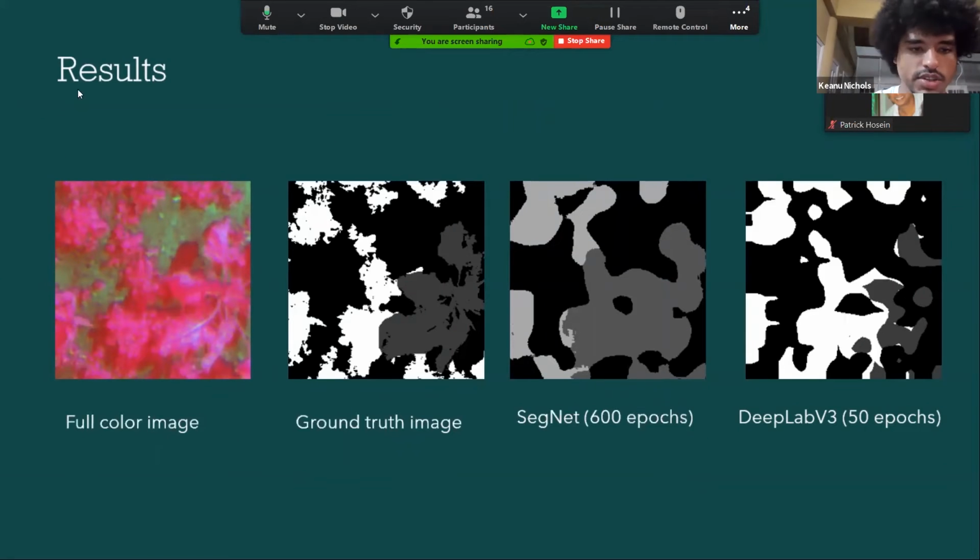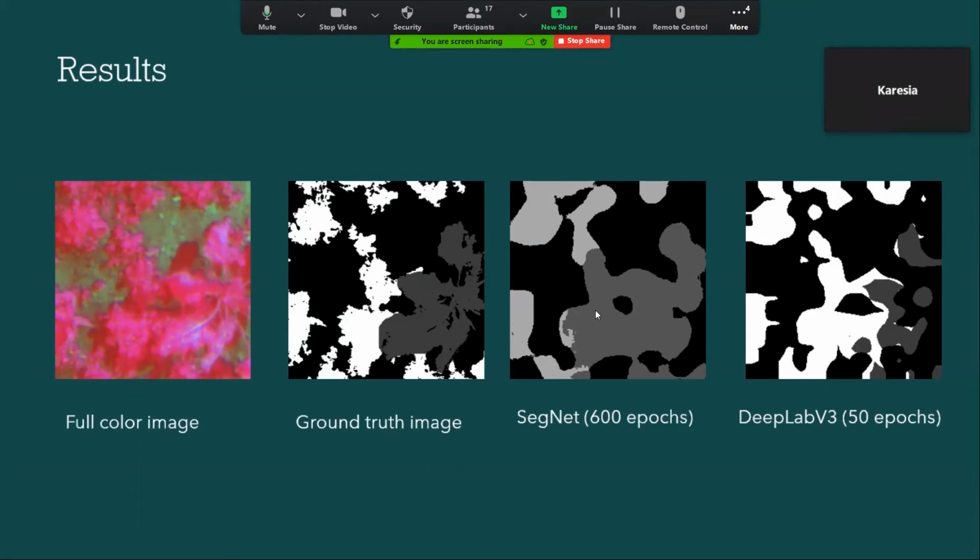In this example, we have an image with some weeds and some plants or crops, right? This was the ground truth image here. Then we have SegNet, and this was based upon 600 epochs. I believe it actually stopped improving after around 400 epochs, but these were the results it was getting. And this was DeepLab V3, based upon 50 epochs.